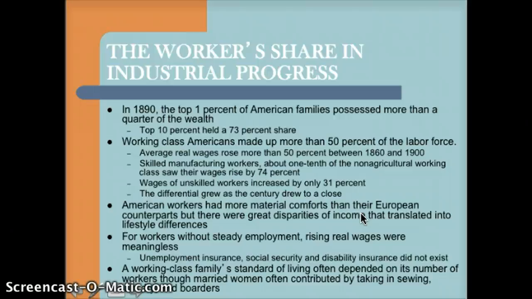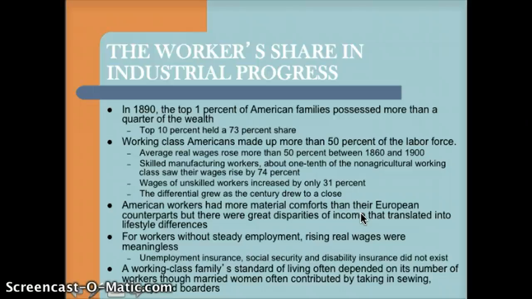And if you expand that top 1% to include the top 10%, they were able to control a 73% share of the wealth of the nation, even though workers made up over half of the workforce, and workers' wages did increase during this period, to a certain degree significantly.